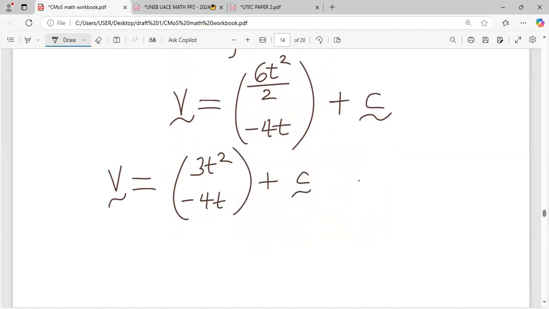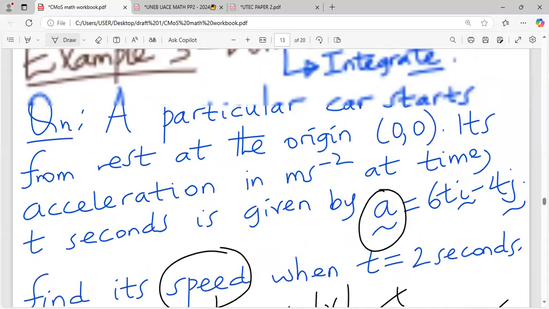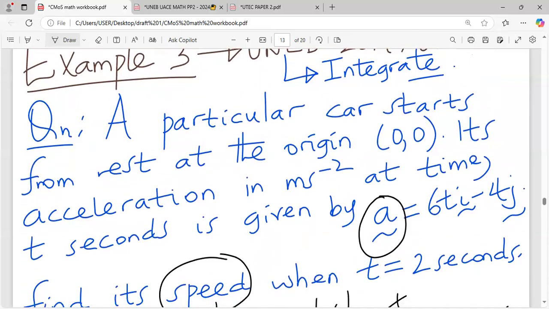Now after that, remember for us, we don't want to deal with that constant. So we fight hard to eliminate it. What do we actually do? We go back to the question. What is the question saying? The question is saying a particle starts initially from rest at the origin 0, 0.